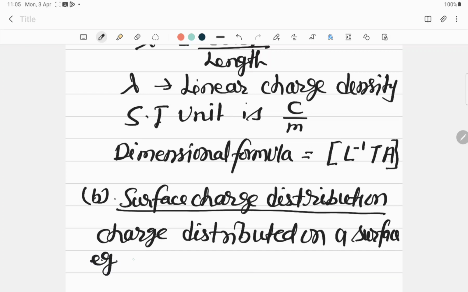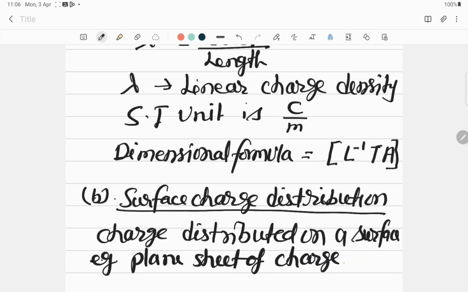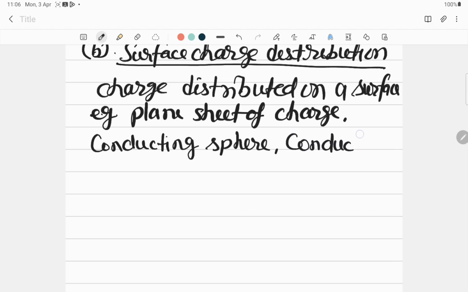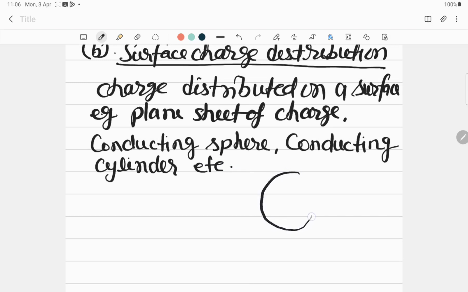For example, a plane sheet of charge, a conducting sphere, a conducting cylinder, etc.